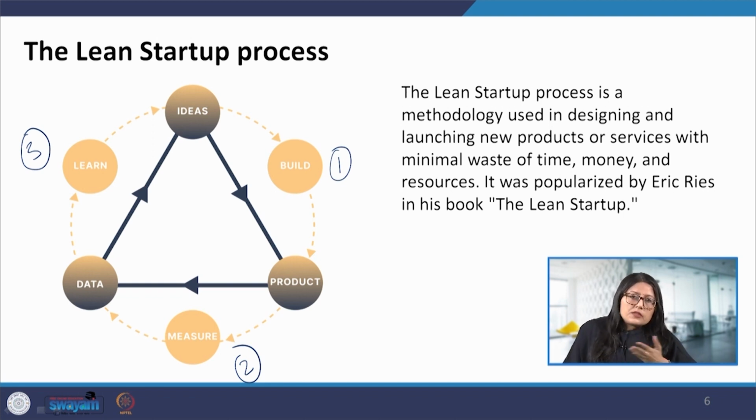This also helps businesses to recover quickly. So, if a business, for example, has put in a lot of effort in planning out a whole 5-year business model and then it fails, that is a big setback for the company. But here, because we are doing quick hypothesis checks, we are taking small hypotheses, testing them out.